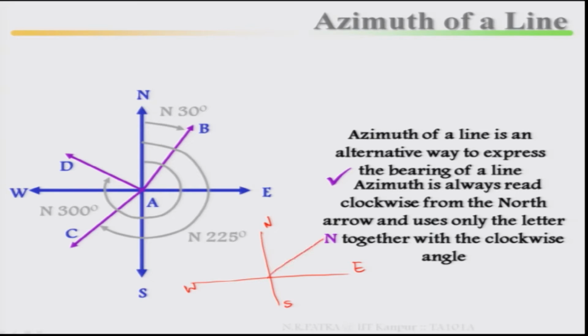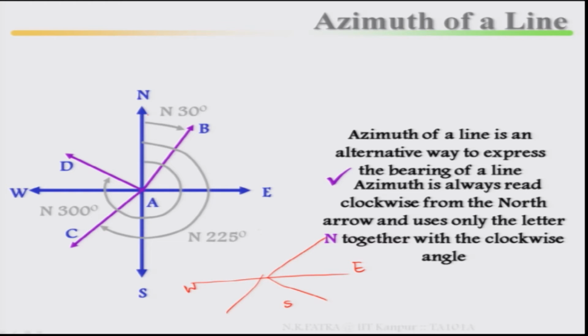That means if the line is here, here, here, or here, it will be read from the north and clockwise. This is one azimuth, this is second, this is third and this is fourth. Now take this example, AB: starting from north and moving clockwise, it is azimuth, not bearing.